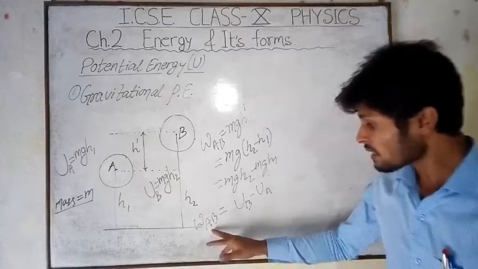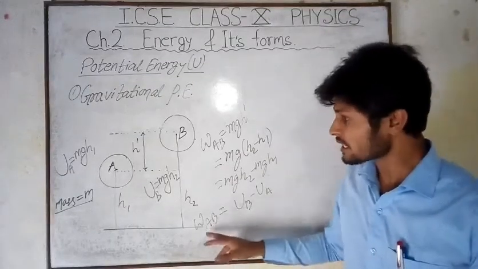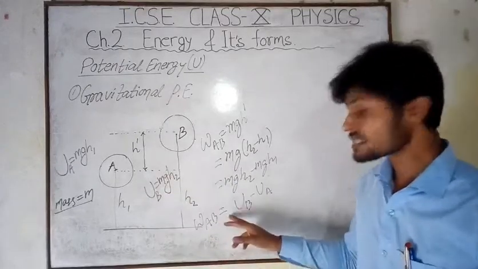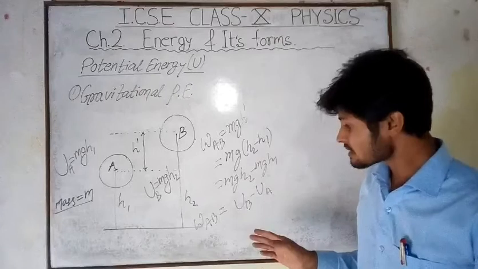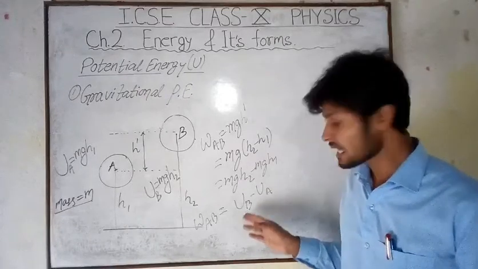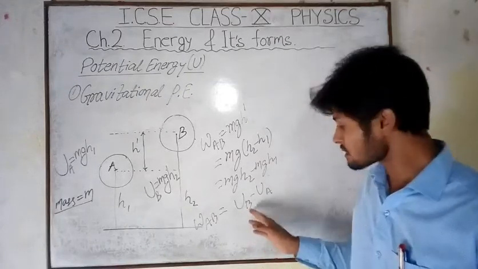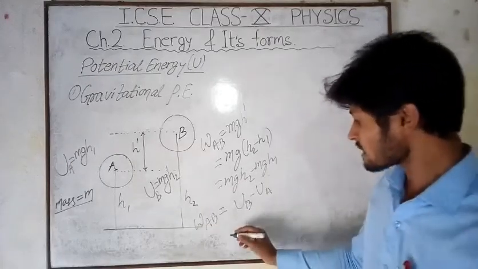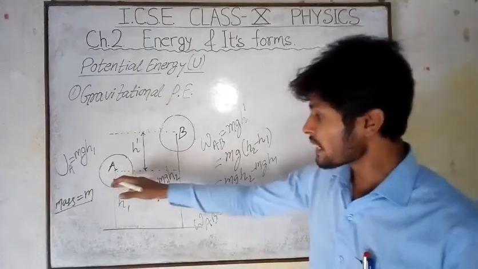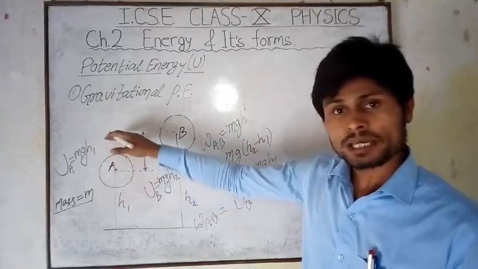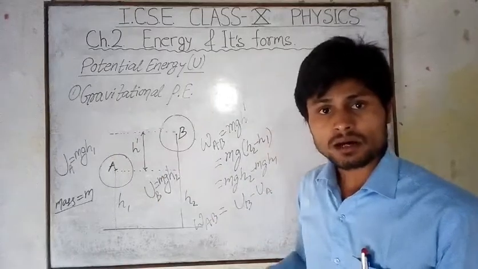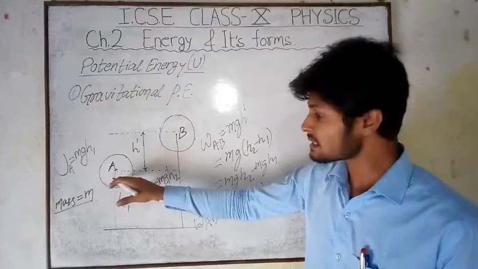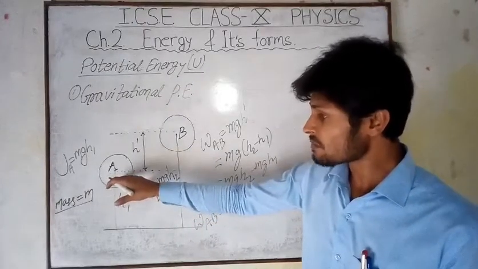So the work done in bringing the object from A to B against the gravitational force is equal to the difference in their gravitational potential energy at those two respective points B and A. If the object is lifted from A to B, some work is done on the object, so that increases the energy of the object.